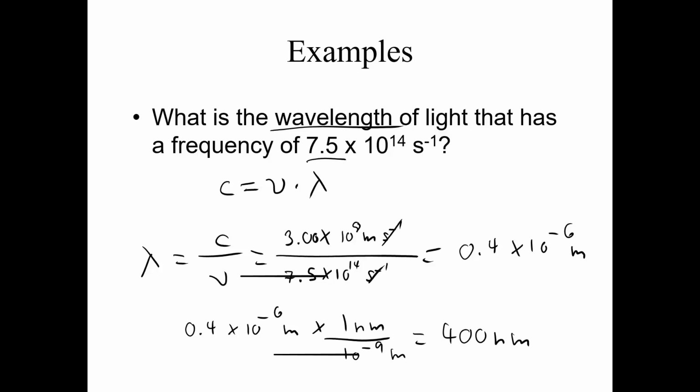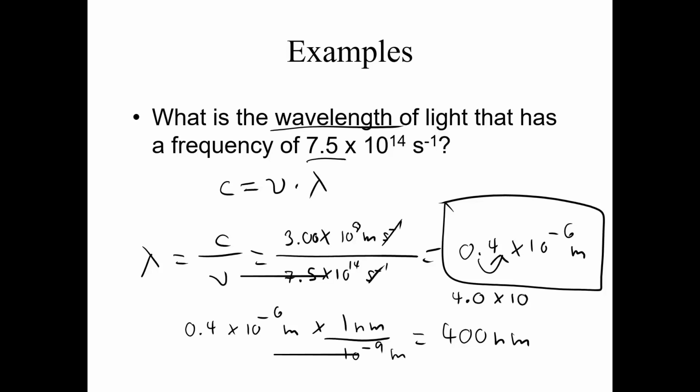But if I don't specify, if I just say wavelength, if I don't ask you what unit, you can stop here, and you might want to move this over so that we have the right number of significant figures. So it's going to be 4.0 times 10 to the minus 7 meters. All right.